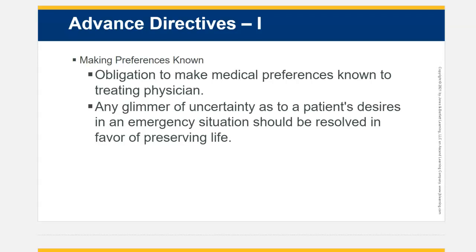Well, right then and there, if there is a conflict on what the patient wanted, we have to keep the patient alive. We have to intubate. We have to do some really hard things to keep this patient alive, and then it goes to court, and it's just challenging. Whereas if it is in writing, there is no dispute. This is what this person said, and this is what we will do.